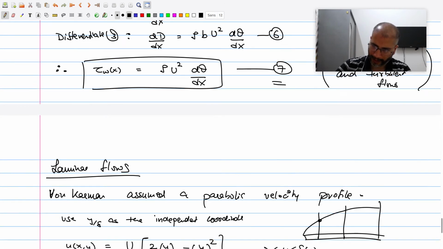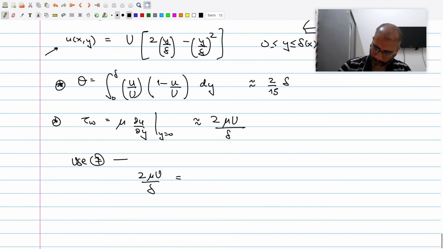On the right hand side, I had rho u square d theta by dx. Rho u square, and d theta by dx is simply 2 by 15 d delta by dx. Now delta is a function of x, that we know because the boundary layer thickness is increasing as you go from left to right. So this can be made an equation in delta.